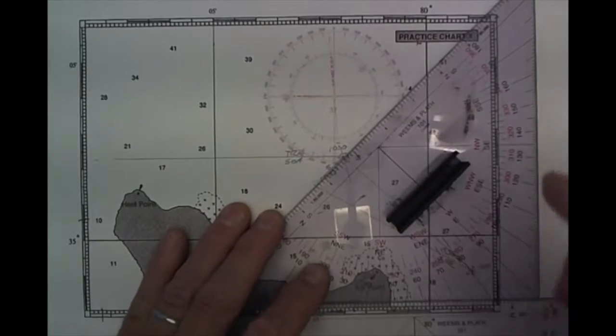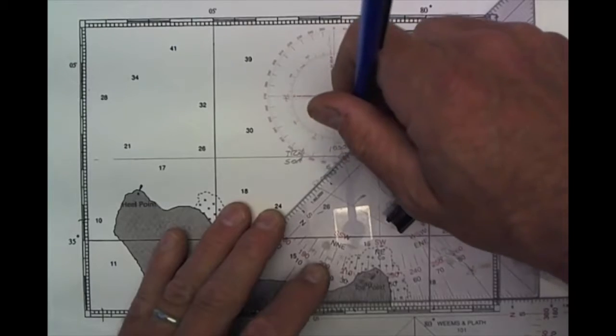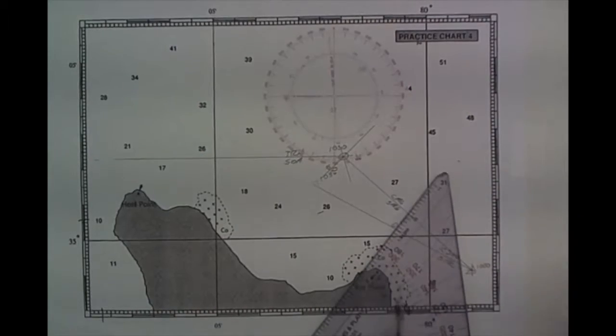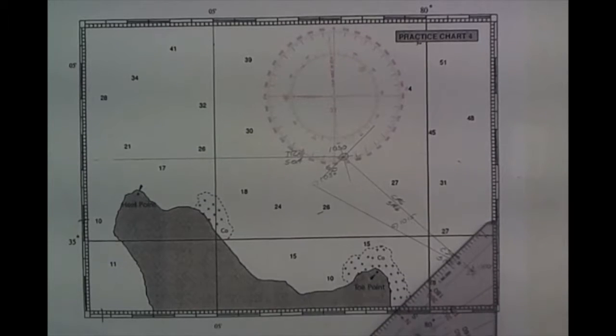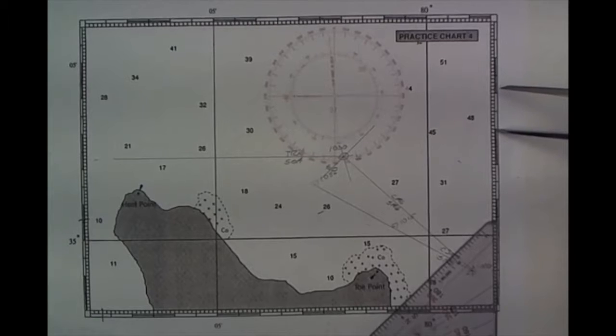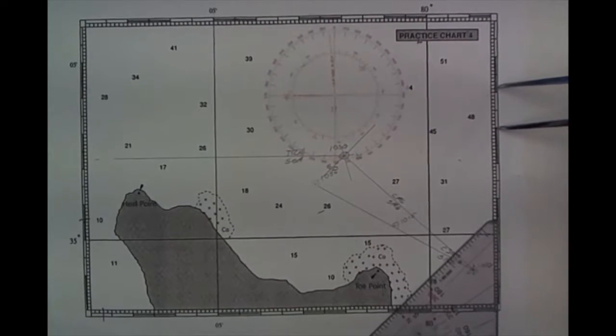So 048 at 2.2 knots. But we're going to keep our triangle in a half an hour increment. So in half an hour, that's only 1.1 nautical miles.